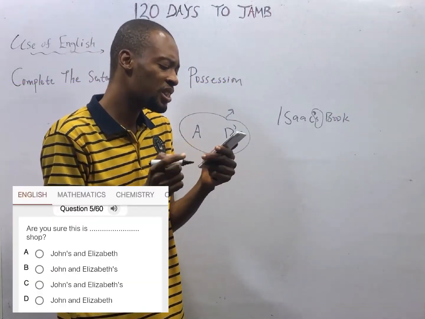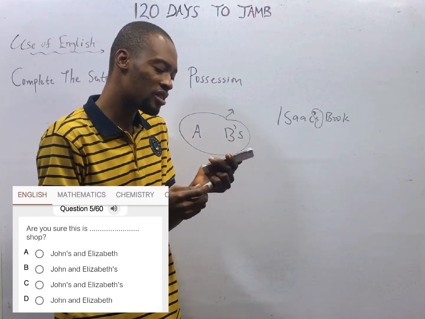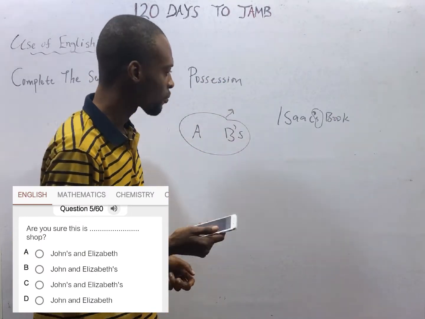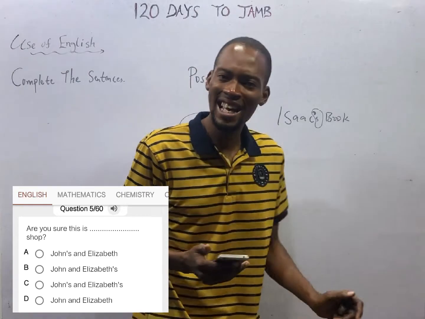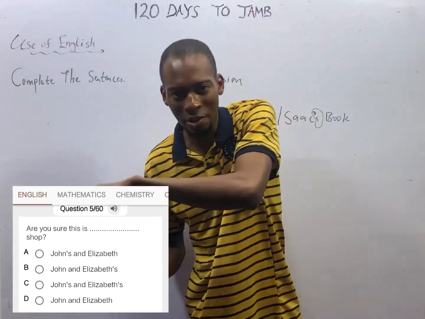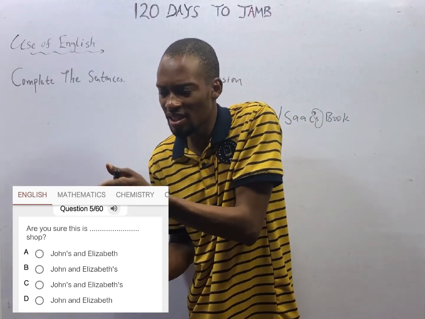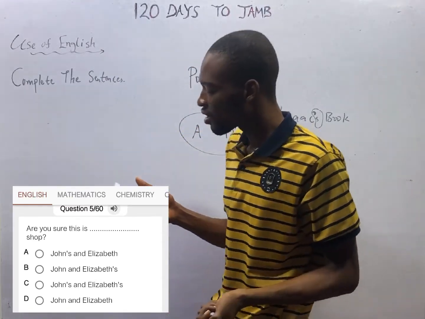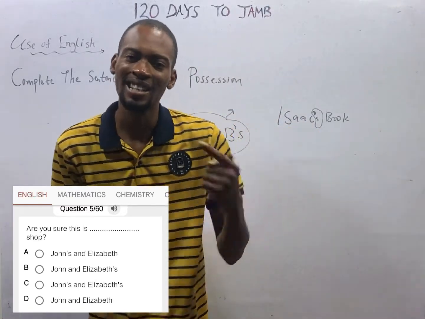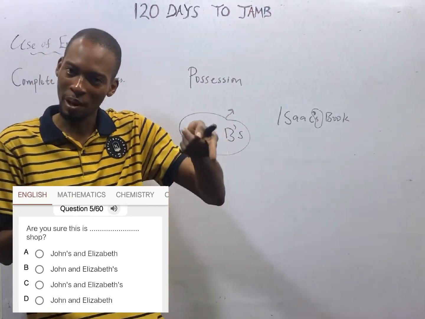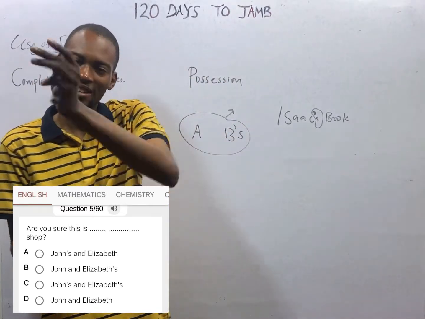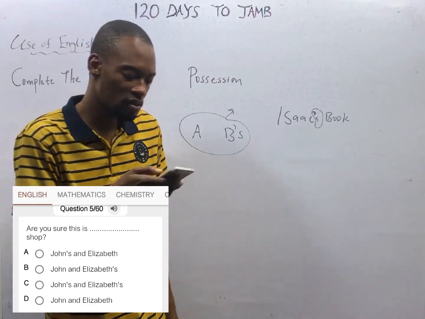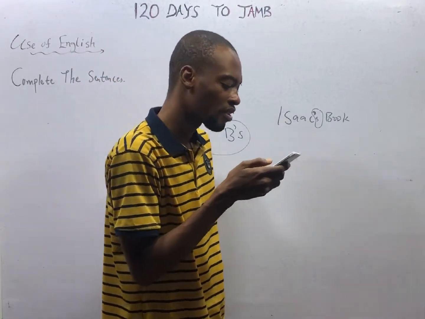Are you sure this is John and Elizabeth's shop? B is correct. Are you sure this is Isaac and Jude's shop? The second person you are mentioning should carry the possessive case. Are you sure this is Elizabeth and John's shop? If you are writing John last, John should carry the possessive case or the S.